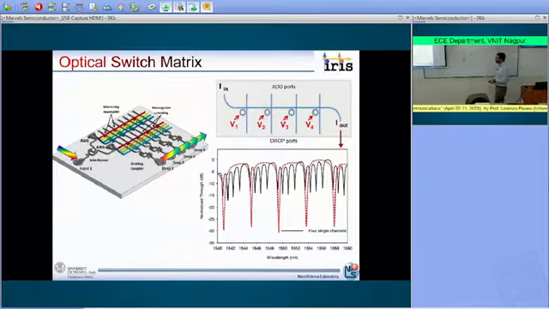What you see here is that the actual spectral position of this microring resonator is slightly different from that of this other one, which is slightly different from the third, even though nominally they are all equal.